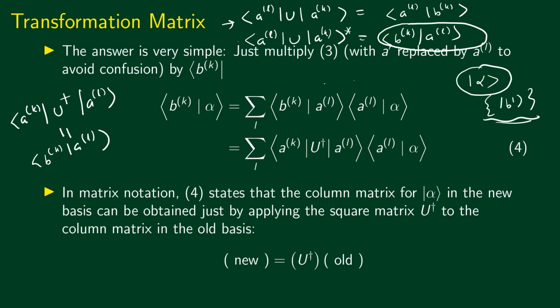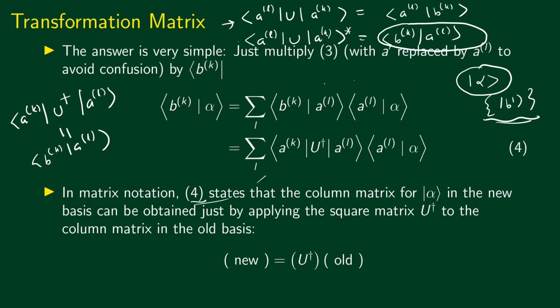So in matrix notation, this equation states that the column matrix for ket alpha in the new basis can be obtained just by applying the square matrix U dagger to the column matrix in the old basis. The new column matrix is equal to U dagger acting on the old column matrix.